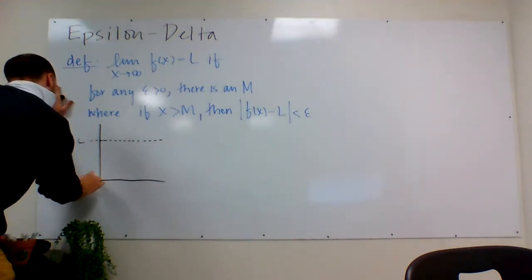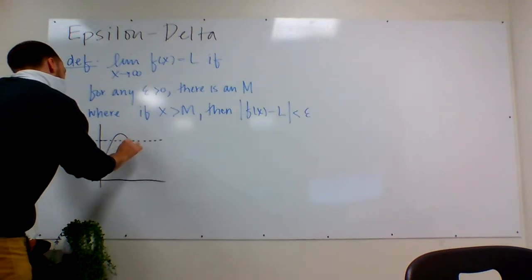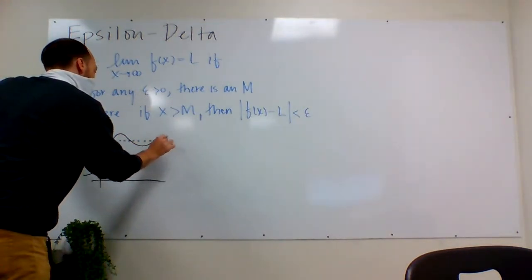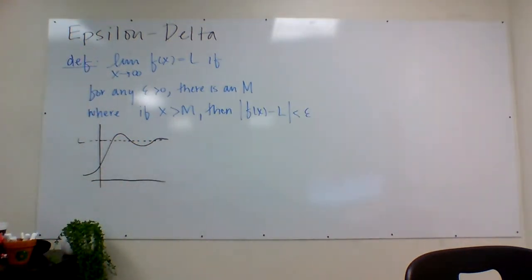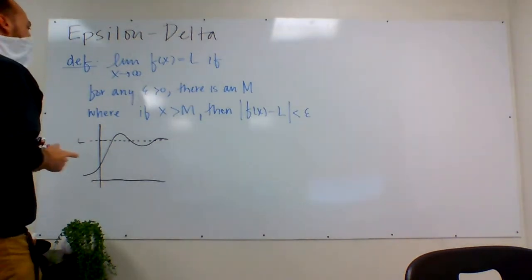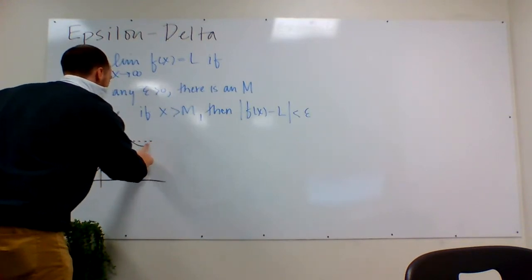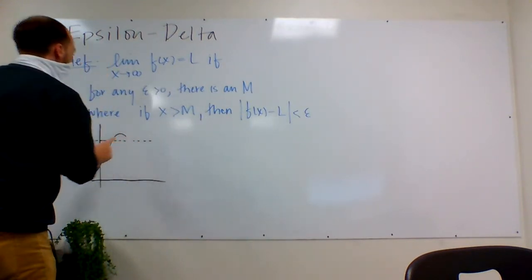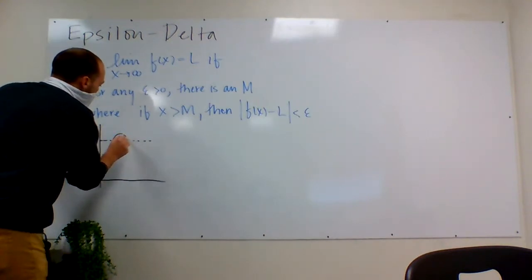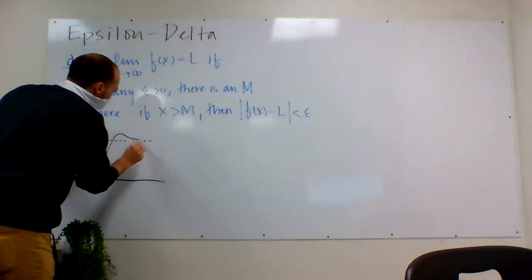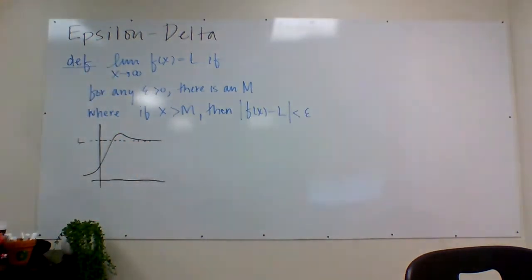Maybe this function is doing all sorts of weird stuff, but over time it's getting in there. I want this to cross fewer times and approach much more dramatically, so I just want one crossing of the asymptote, and then I want it hugging right in on it.